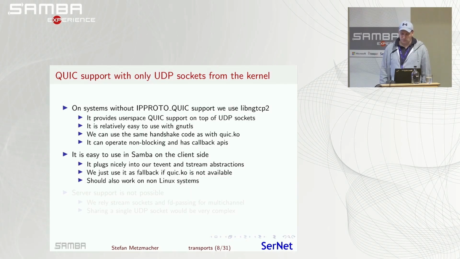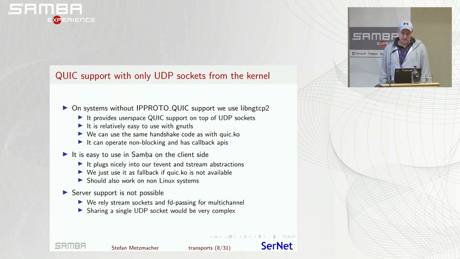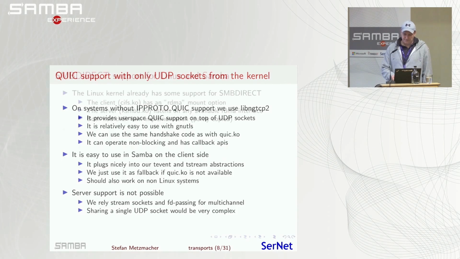Yeah, it was relatively easy to make this work, and that means we could also use QUIC on a client on non-Linux systems. For the server, it's a bit different because we rely on sockets and FD passing for multi-channel, and that would be very complex with UDP sockets, which are shared between connections, so we don't have that.